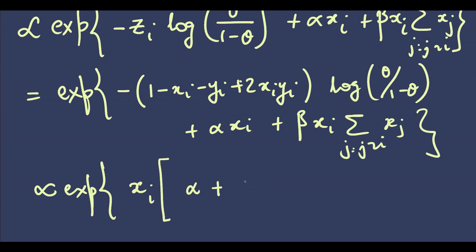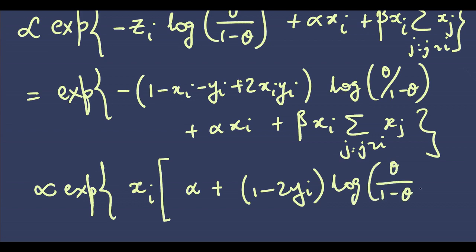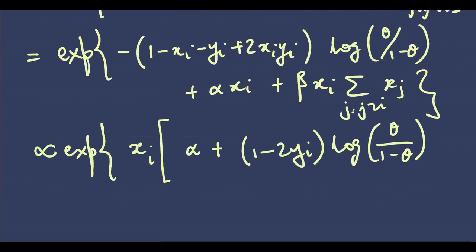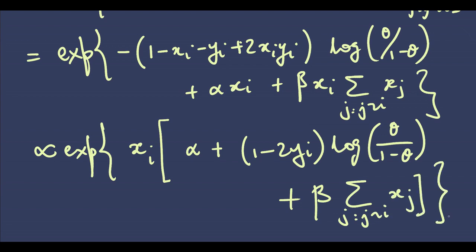We'll get a 1 minus 2 yi log theta over 1 minus theta, and then we have the bit for the neighbors then. All right, that's our full conditional then for x.